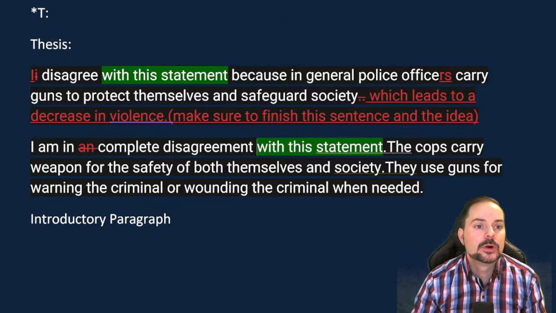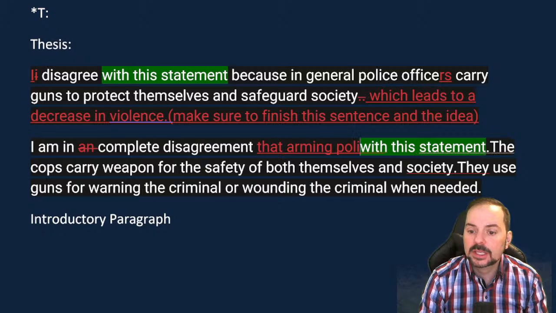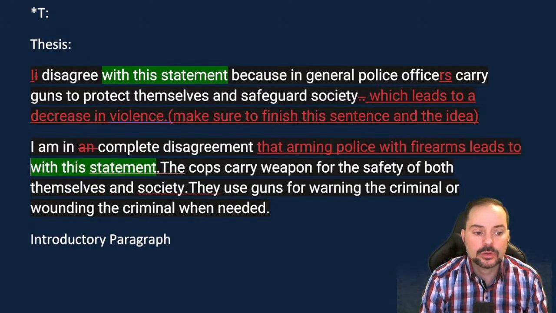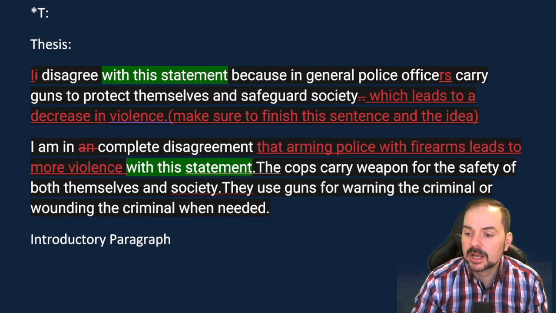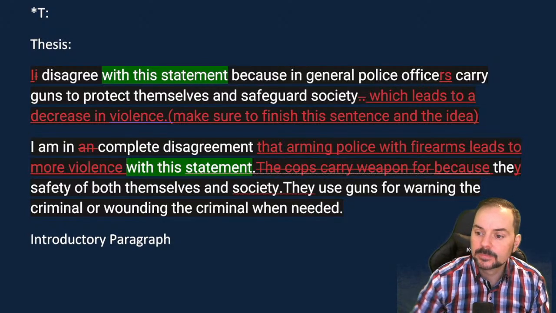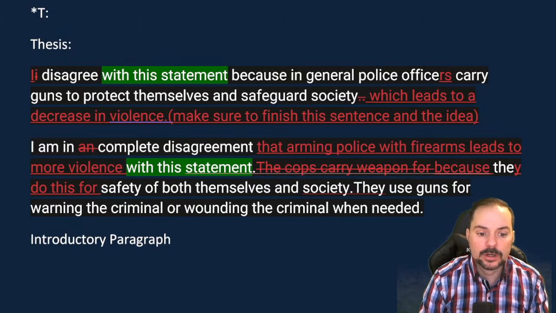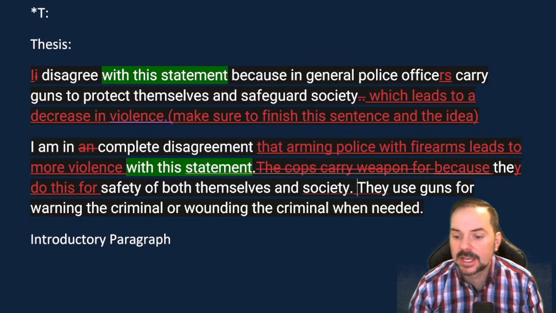Okay, so I am in complete disagreement that arming police with firearms leads to more violence, because they do this for safety of both themselves and society.